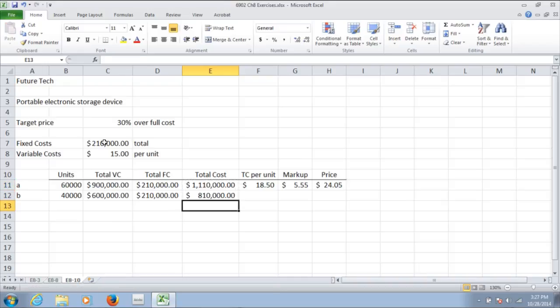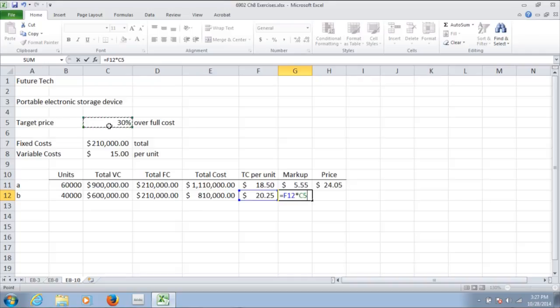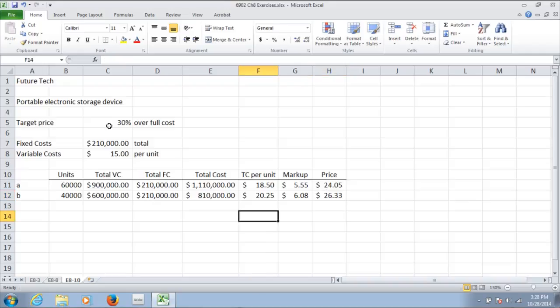Copying this formula down, we end up with 810,000. Our total cost per unit, and notice we can just copy this down as well, is $20.25. Then our markup becomes $20.25 multiplied by the 30%, which is $6.08. So our price goes from $24.05 to $26.33.